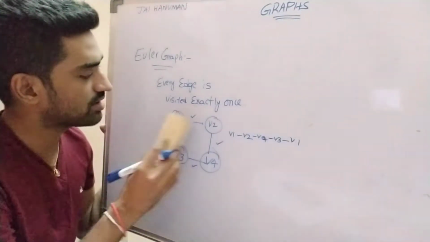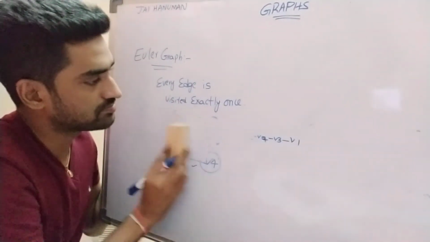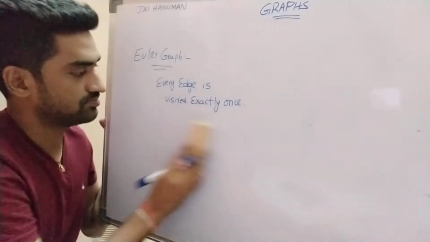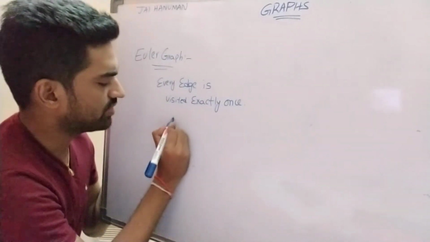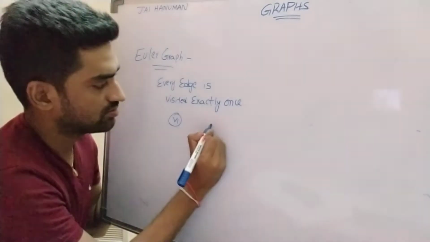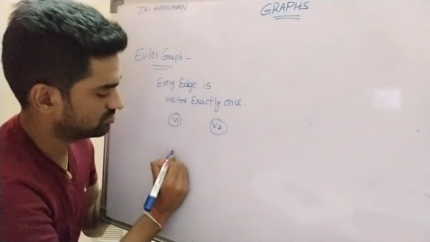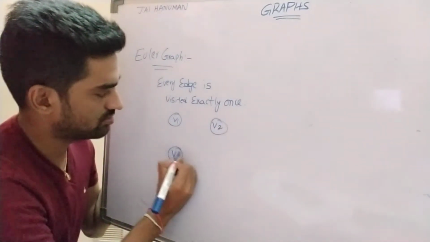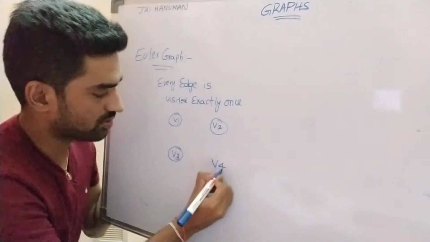Here I am considering one more example: V1, V2, V3, V4.